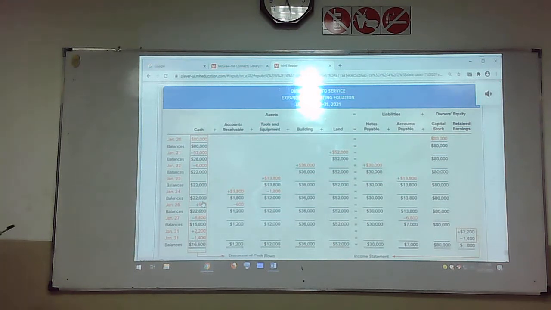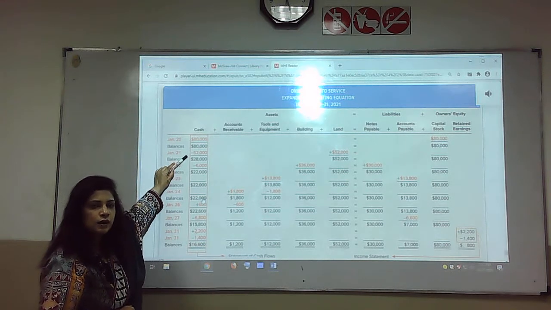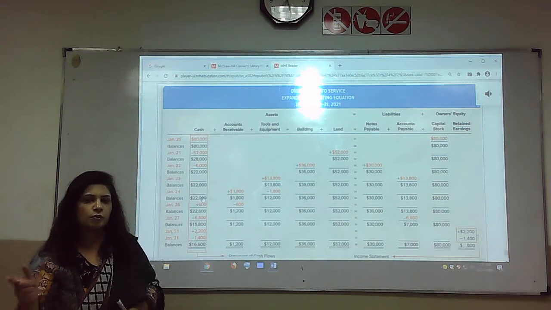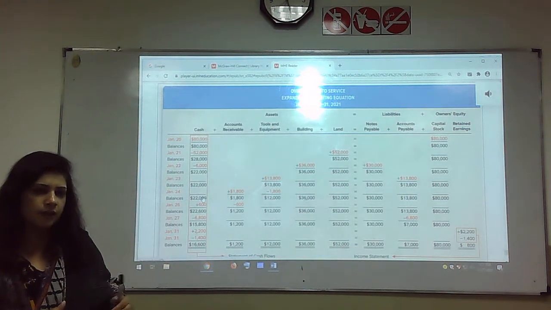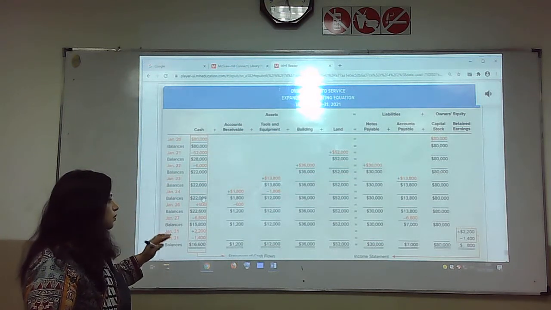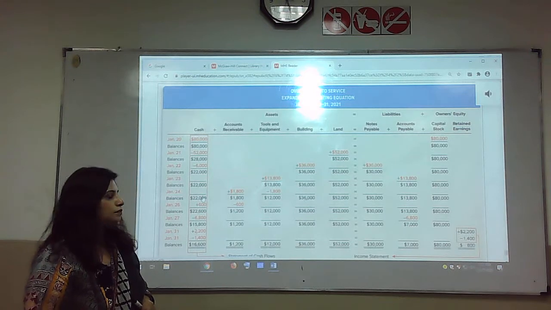Alright. So now you see this is January 21st, and we have $52,000. This is a minus sign here. So you can open your book alongside so that you can actually see, because these are very minute figures. It's not possible to enlarge them too much because they will cover the entire computer.